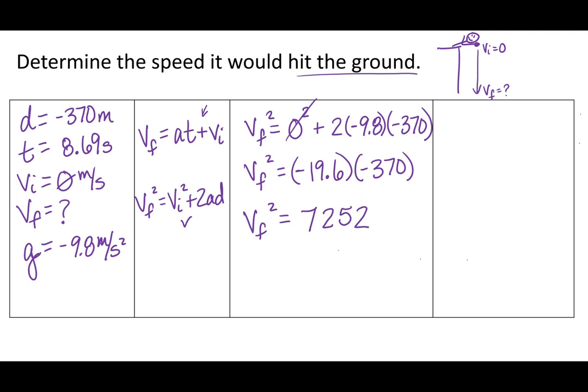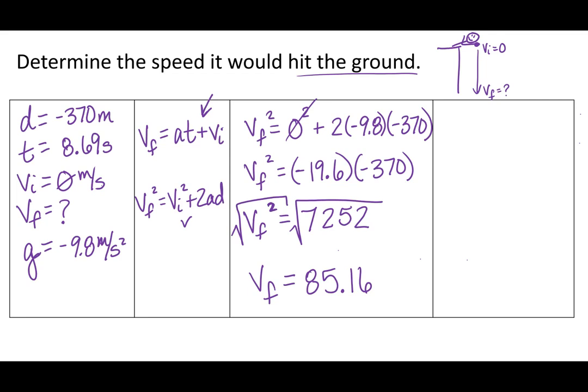Now we have to do the opposite. The opposite of squaring is square root. So if we take the square root of both sides, we get a VF of 85.16. Now, if you use this first equation here, this VF equals at plus VI, you should get negative 85.16. So here's one of those things from math.